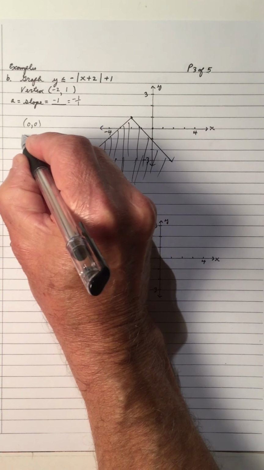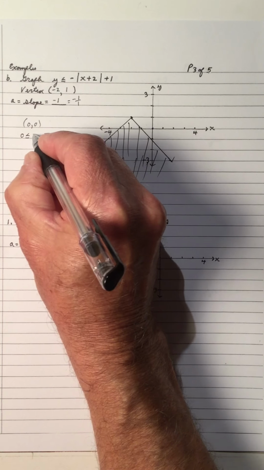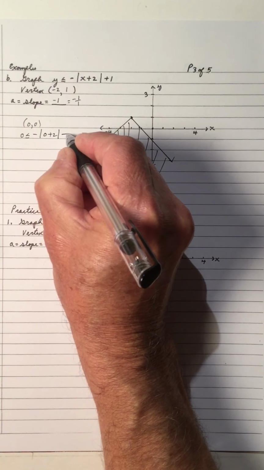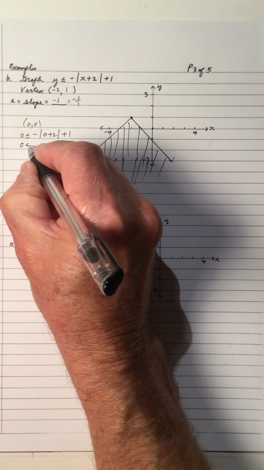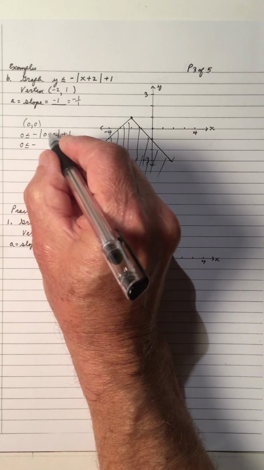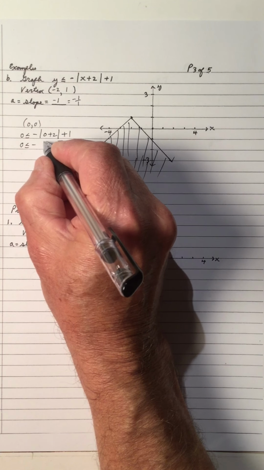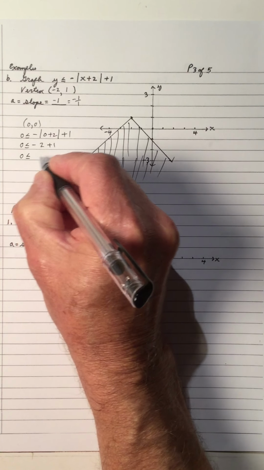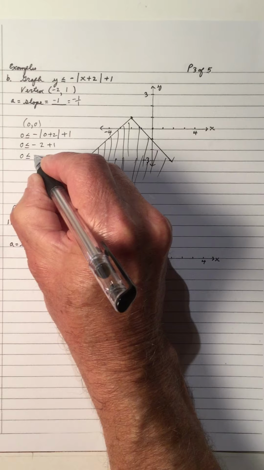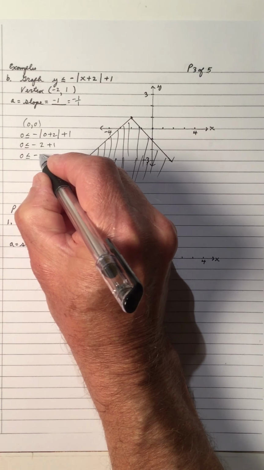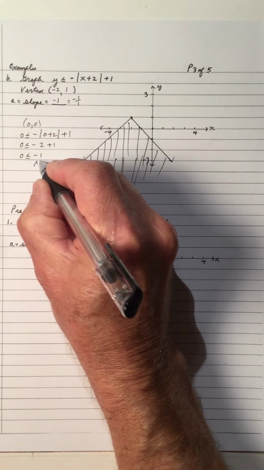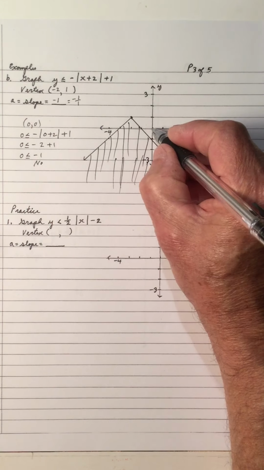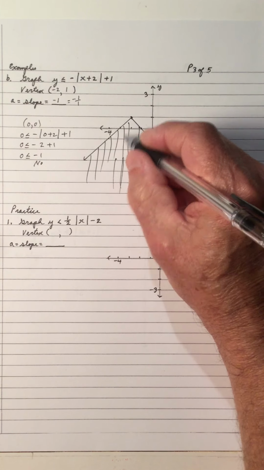So 0 is less than or equal to the negative absolute value of 0 plus 2, and 0 plus 2 is 2, the absolute value of 2 is 2, plus 1. 0 is less than or equal to negative 1, and that's a no. So this is not true, so we can't shade out here because it's not true, so we must be shading in here.